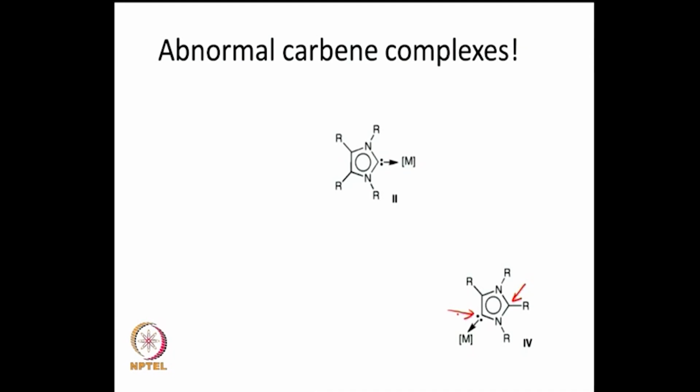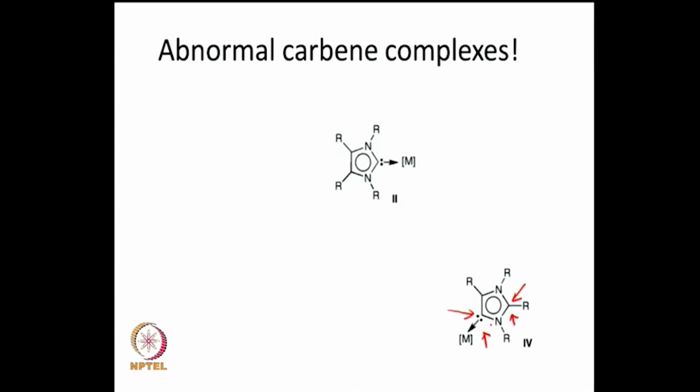In this instance also, you can have stabilization due to aromaticity, because you still have 6 pi electrons. The 6 pi electron system is not affected when you move the lone pair of electrons from this carbon, which is usually the C1, to the third carbon atom, which is this carbon atom.